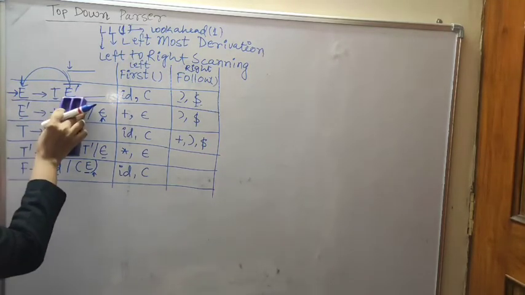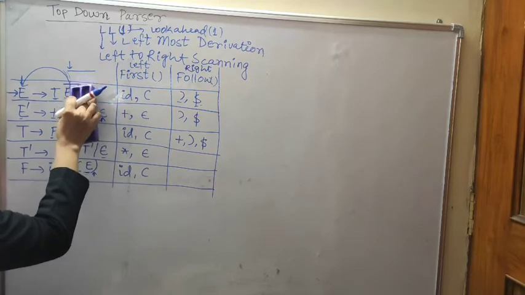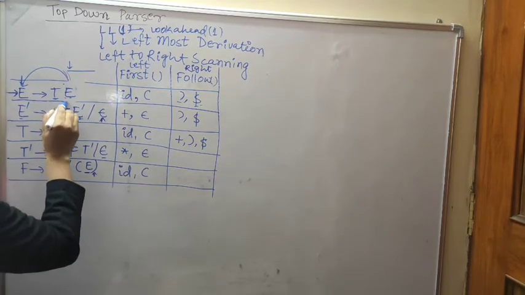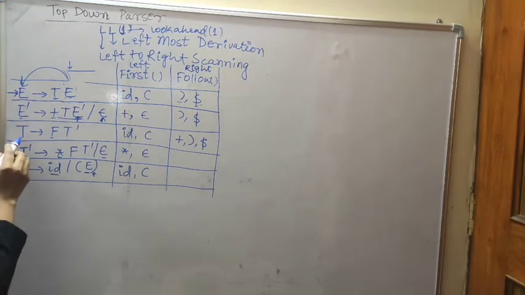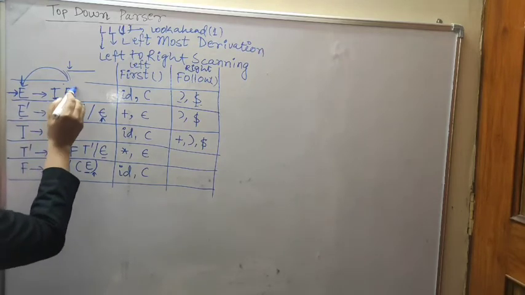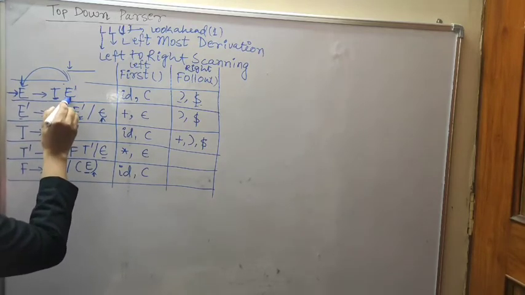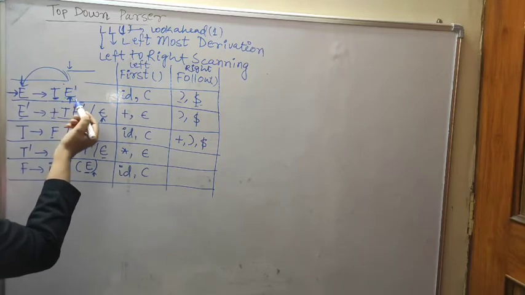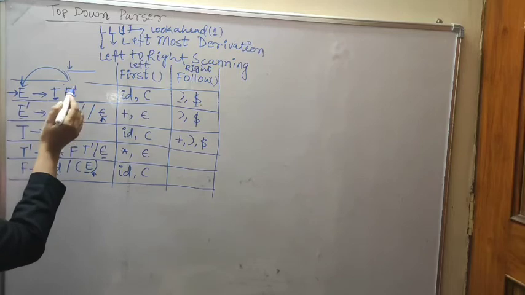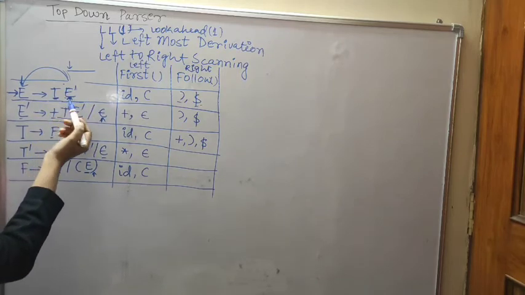Again we are finding follow of T, and where is T? Here on the right side, only in that place. T is followed by E dash, so first we take the first of E dash.